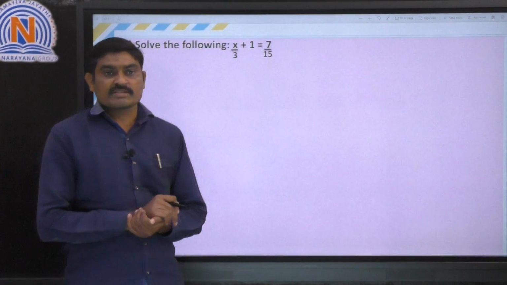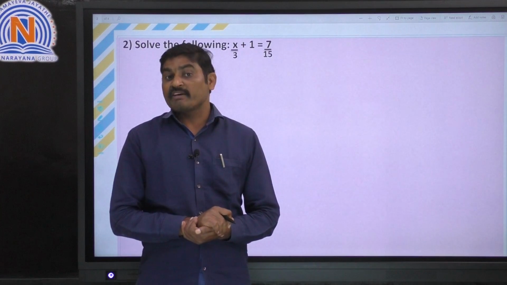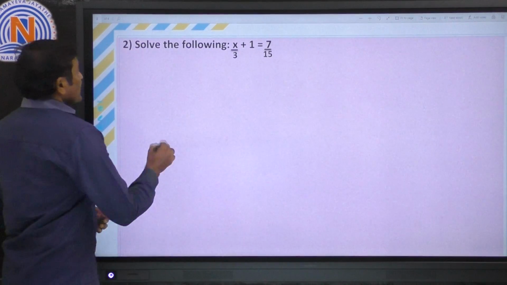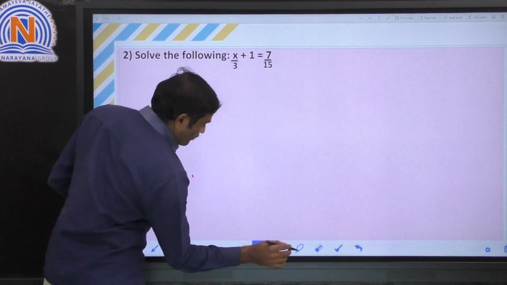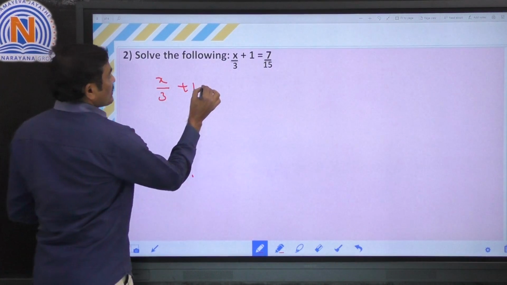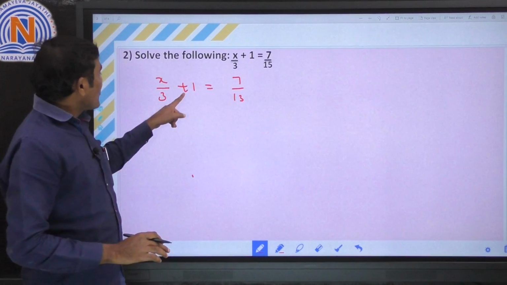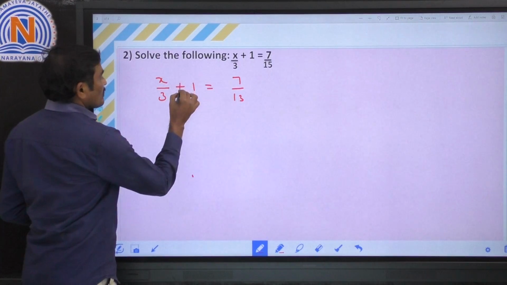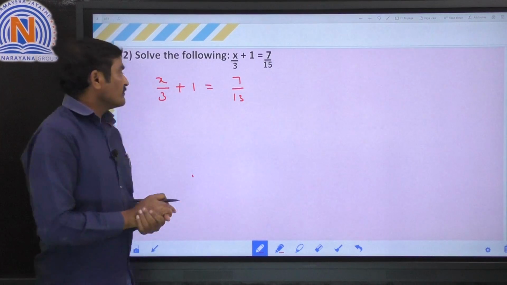Now coming to the second question: solve the following, x by 3 plus 1 is equal to 7 by 15. Again, this is also a linear equation in one variable. Now observe here, plus 1 will be transformed to the right side and we will get minus 1.